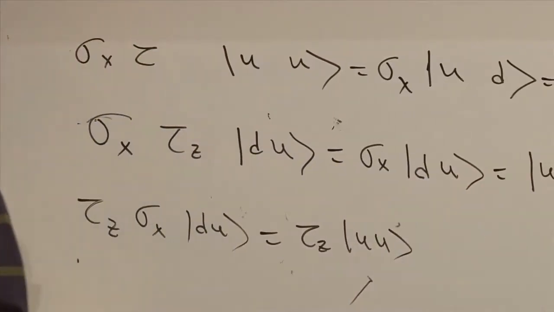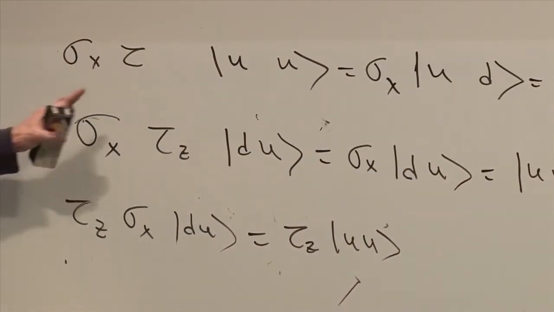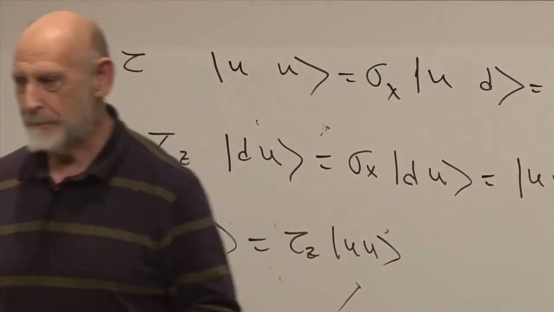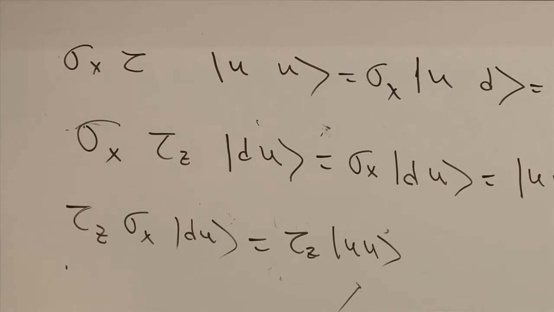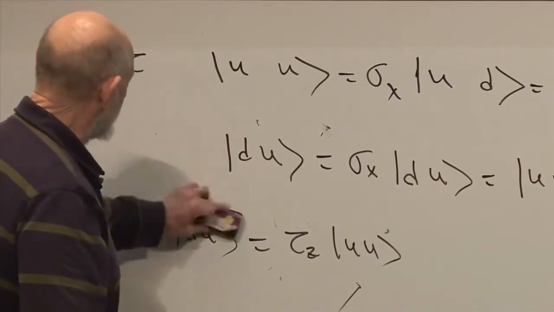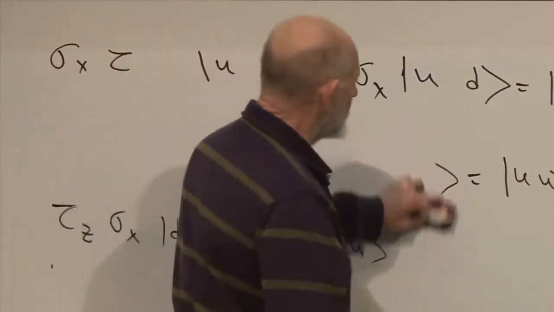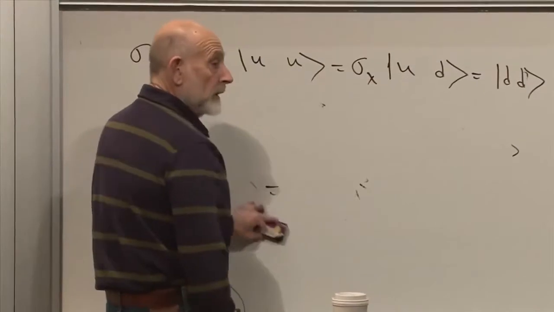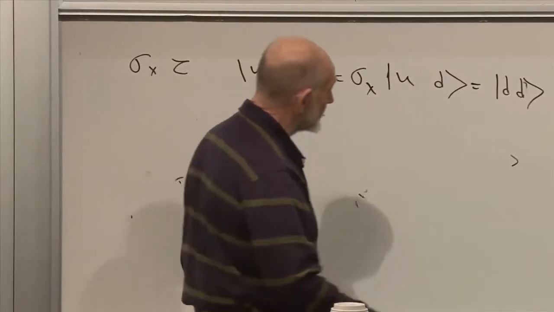And you can sort of see why. If they're acting on separate indices here, it doesn't matter which way you order them. This is very general. It doesn't matter which state you take. It doesn't matter which components you take. Any component of sigma commutes with any component of tau. You can check that just by knowing how they act.